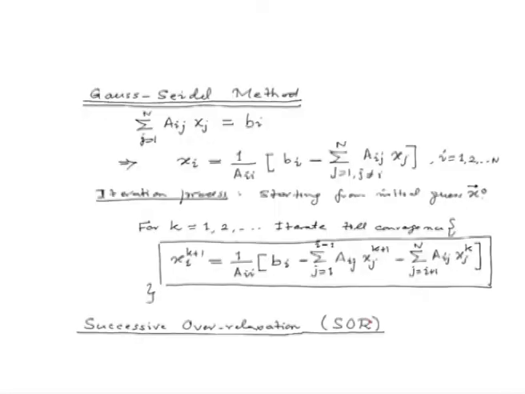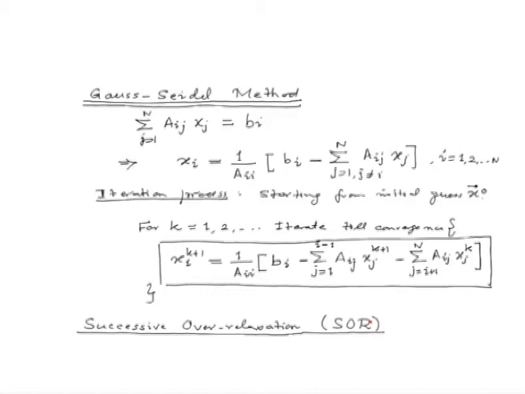In fact, the final value at a given iteration level should be a weighted average of the value which we obtain from Gauss-Seidel and the value at the previous iteration. This simple modification works wonders in the convergence of this scheme.